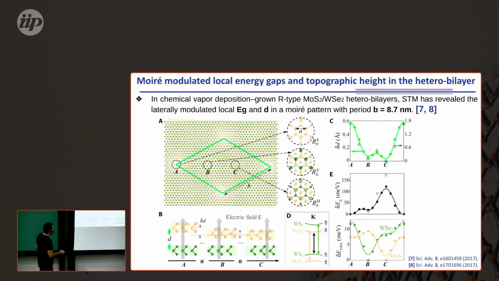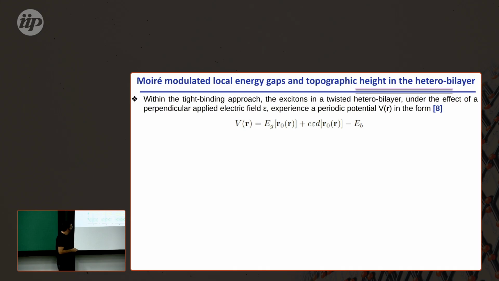And moreover, I have to say that this paper here also discussed how the interlayer distance and the band gap energy change when you apply a perpendicular electric field, okay? So this is pretty much mapped onto this potential. As you can see here, now your energy gap profile is position dependent, as well as the interlayer distance.